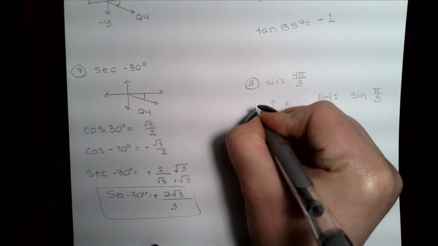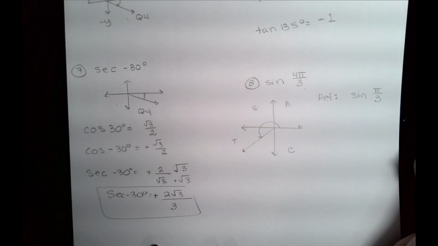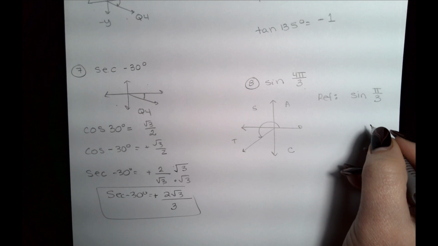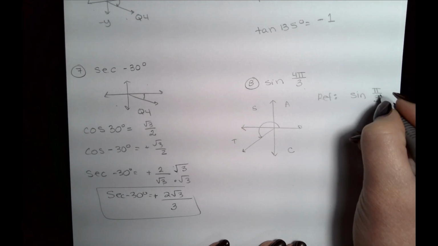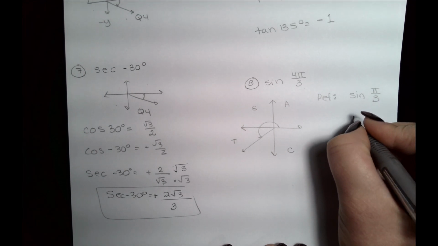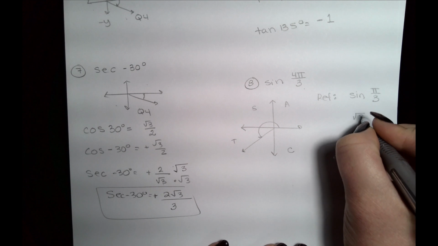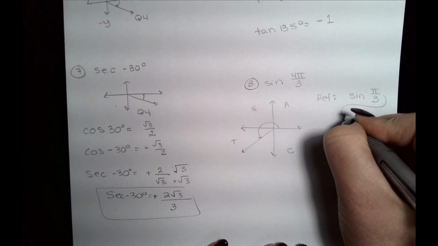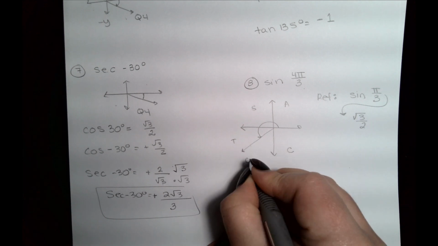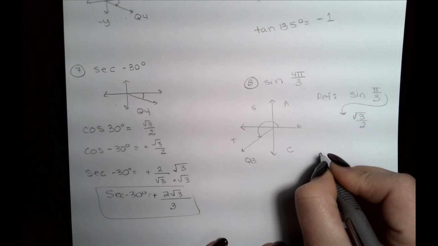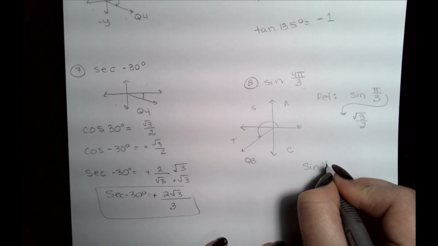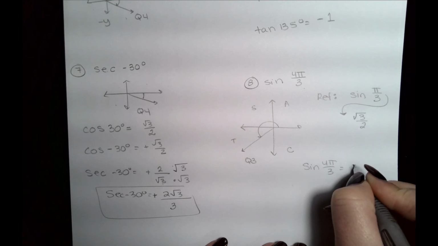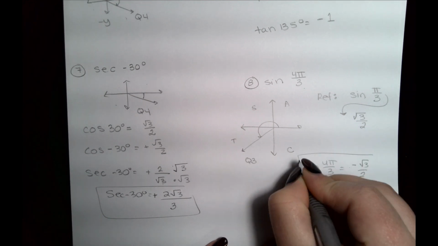And all students take calculus, so that means our answer is going to be negative. And so sine of pi thirds is going to be root 3 over 2. And since we are in quadrant 3 only tangent is positive, so that means sine of 4 pi thirds is going to be a negative root 3 over 2.